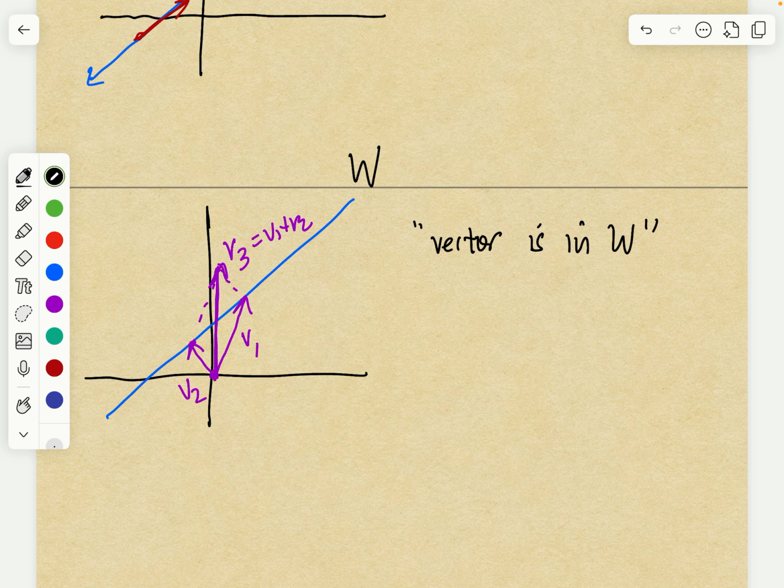What it means is that when you draw a vector that starts at the origin and goes out, the point at the end is on the line. So this vector v1 is in W because the tip of the vector is on the line, and the same thing for v2. But for v3, the sum, the tip is not on the line, so v3 is not an element of W.